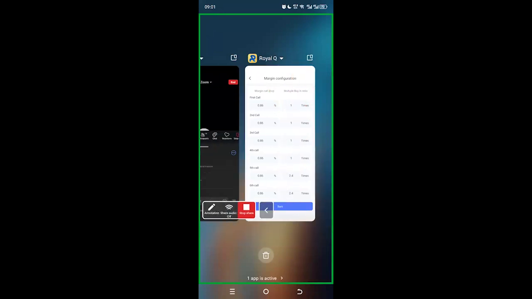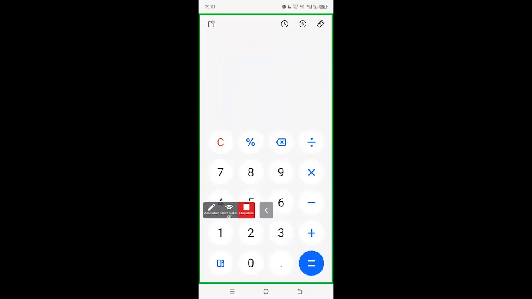What was the remaining capital? 300. I'm helping someone with a small capital. Minus 5, then again minus 20. So the balance is 245.